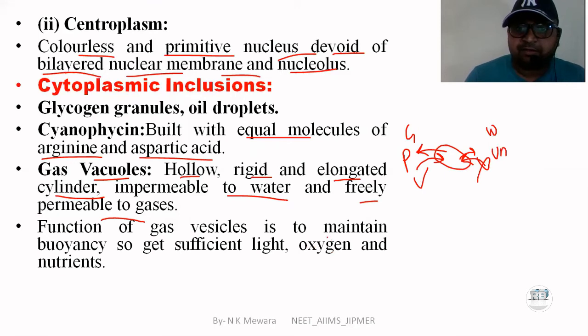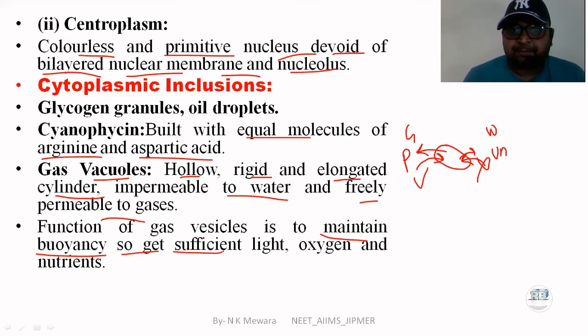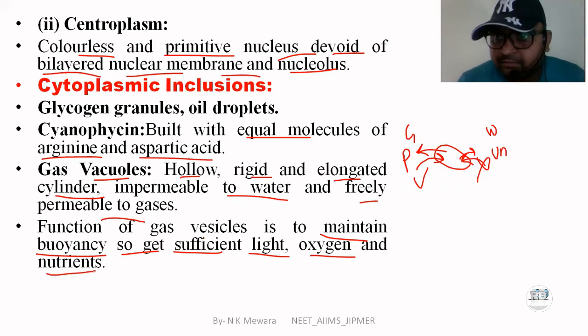The function of the gas vacuole is very important: to maintain buoyancy. When gas fills something, it floats on water. That's buoyancy. The function of the gas vacuole is to maintain buoyancy so the cell can get sufficient light, oxygen and nutrients for the formation of food and to perform the photosynthetic reaction.